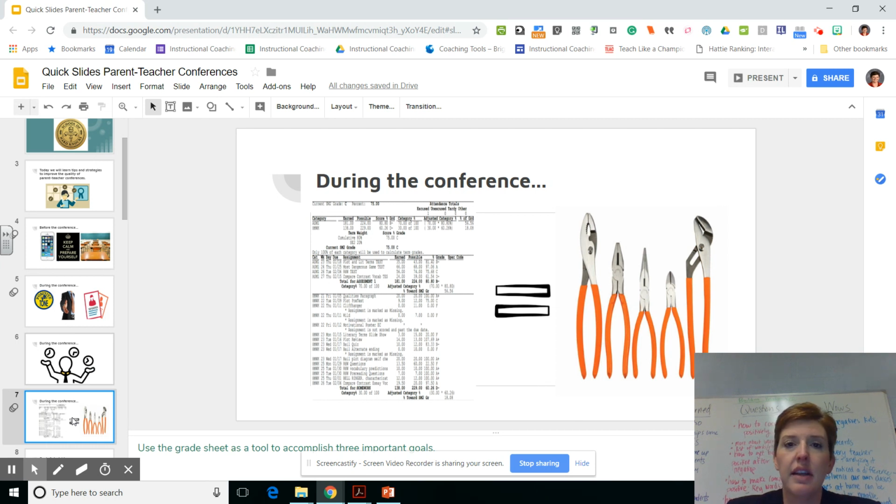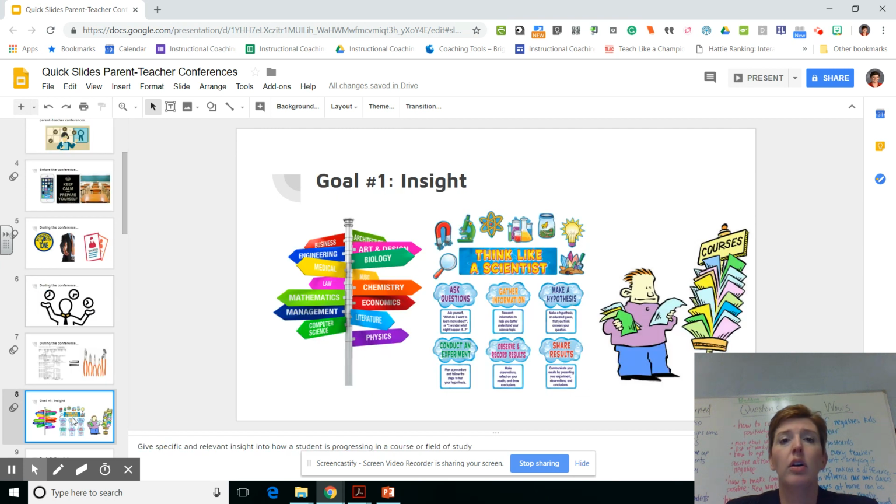During the conference, try to use the charts and the grade sheets and the points and all those things to accomplish 3 basic goals. Goal number 1, try to provide insight about the child that the parent may not be able to interpret from the data alone. So, for example, does my child have aptitude in science? Does my child seem to like to read?